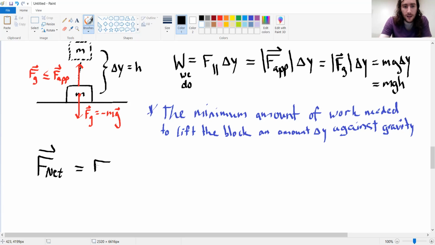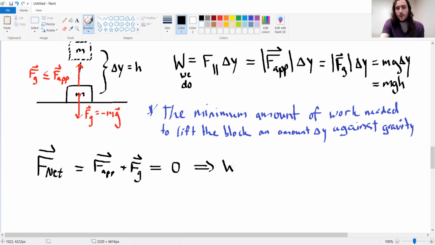So we have the applied force plus the gravitational force, but these are vectors, and one is in the opposite direction of the other, and they both have the same magnitude. And so the net force is 0. And of course, if the net force is 0, then the net amount of work done is 0.